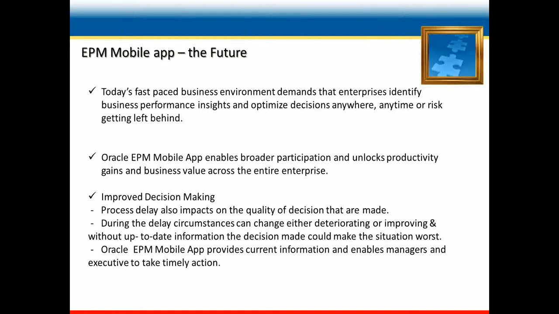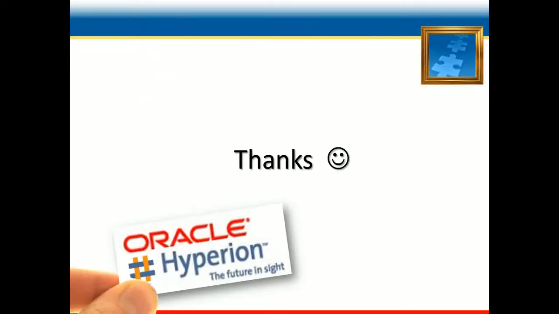Process delay impacts the quality of decisions, and during the delay circumstances can change, either deteriorating or improving, and without up-to-date information the decision made could make the situation worse. The Oracle EPM mobile app provides current information and enables managers and executives to take timely action.